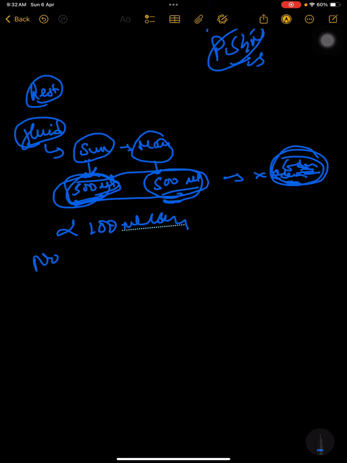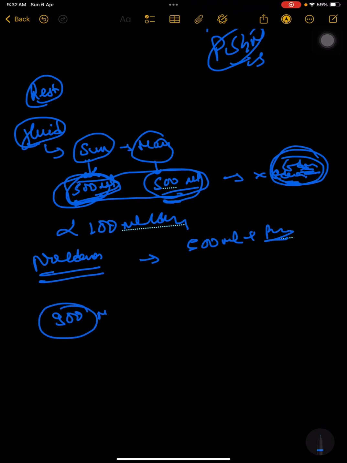So if there is no edema, once edema subsides, then fluid intake should be the previous day's urine output plus 500 ml. Suppose the previous day your urine output was 900 ml. Now today you will give 900 ml.